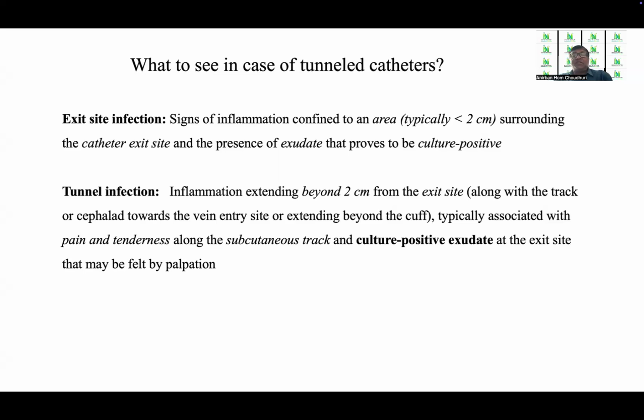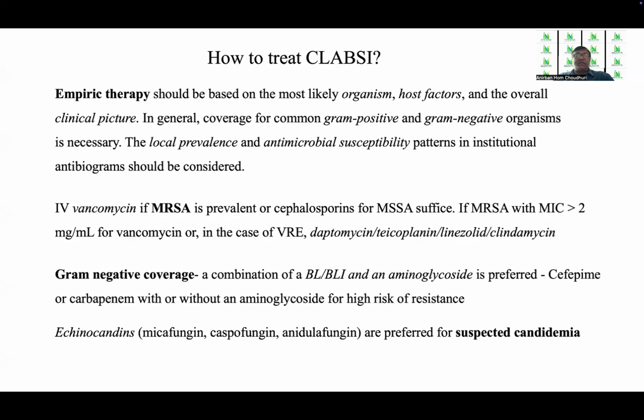In exit site infection it was typically less than 2, and here it is more than 2, along the tract cephalad towards the vein entry site or extending beyond the cuff. Typically, it is associated with pain and tenderness along the subcutaneous tract and culture positive exudate at the exit site that may be felt by palpation also. So these are the two differences in cases of tunneled catheters.